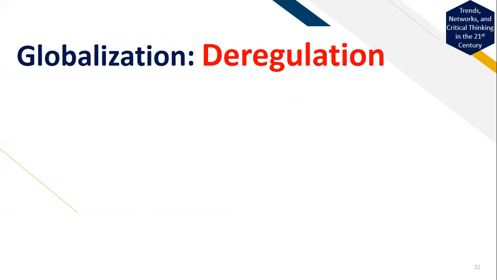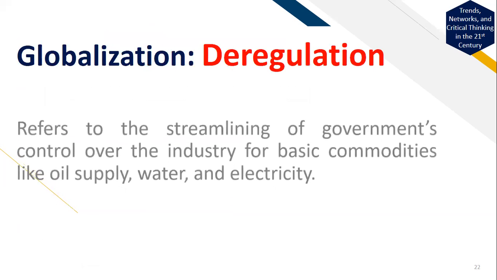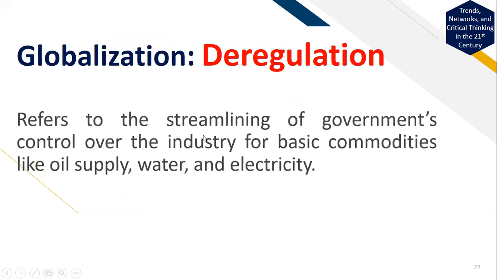Okay? So next is of course the deregulation. So pag sinabi naman natin deregulation, this refers to the streamlining of government's control over the industry for basic commodities like oil supply, water, and electricity. So pag sinabi natin deregulation, binabawasan ni government ang kanyang kapangyarihan sa pagkokontrol ng mga na-privatize na niyang pag-aari. Okay?